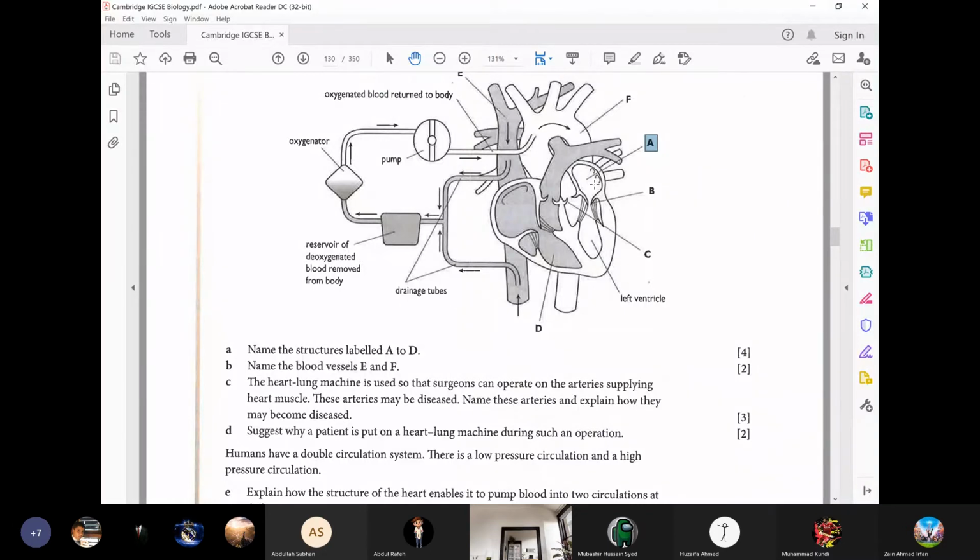Or there can be embolism, where the blood clot moves forward and blocks the arteries at some other place. So this is how the arteries become diseased. They also become diseased by eating a lot of fatty food or sugary foods. Understood, everyone?